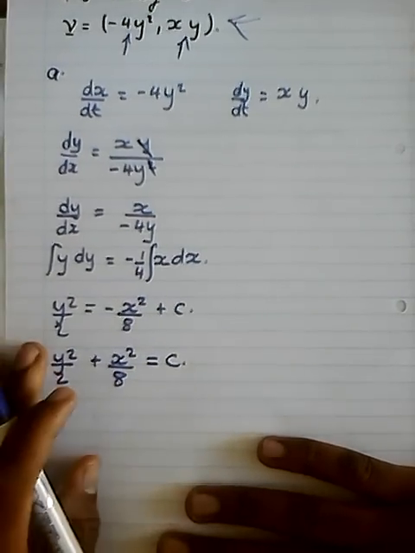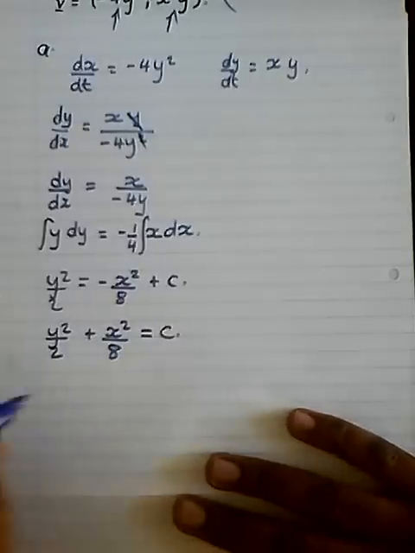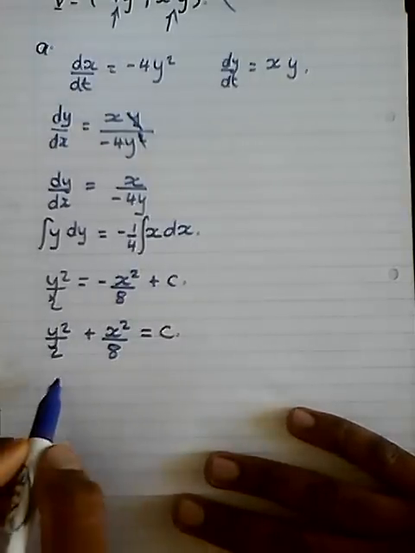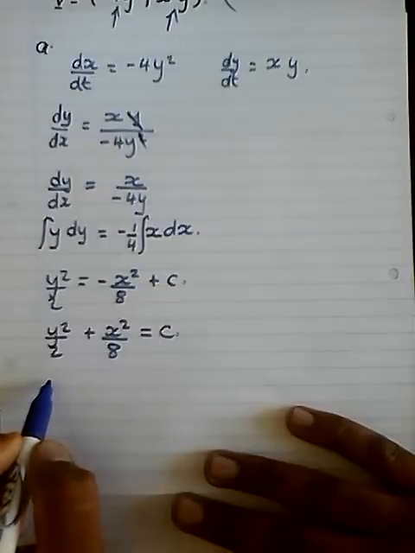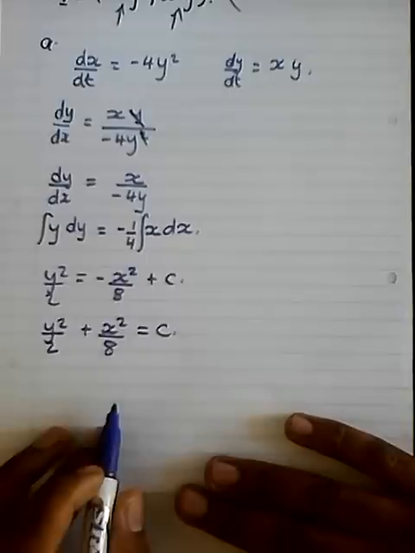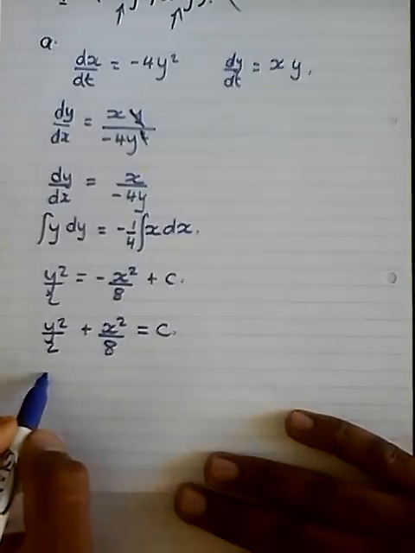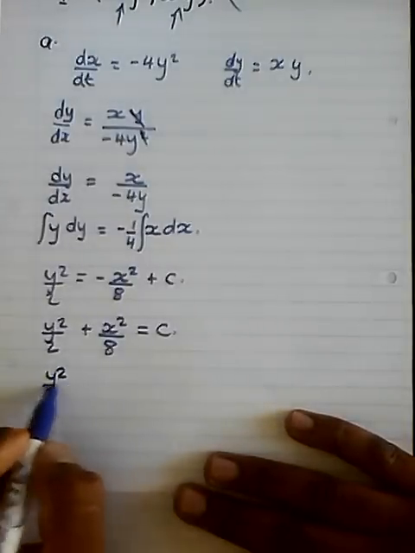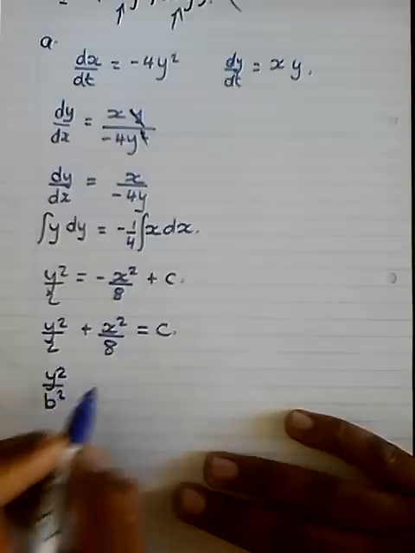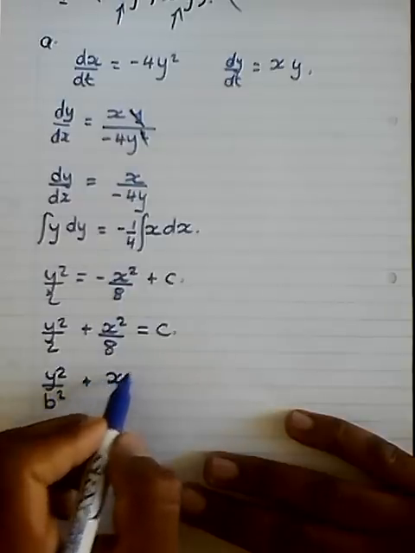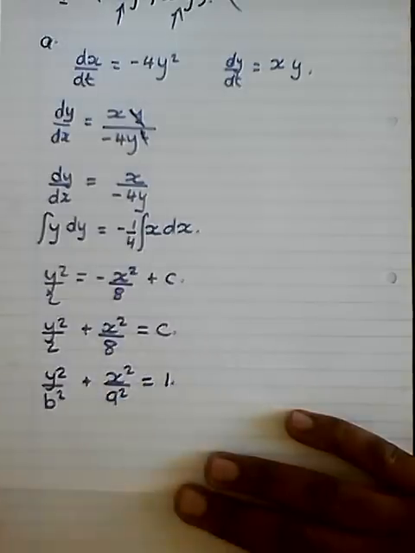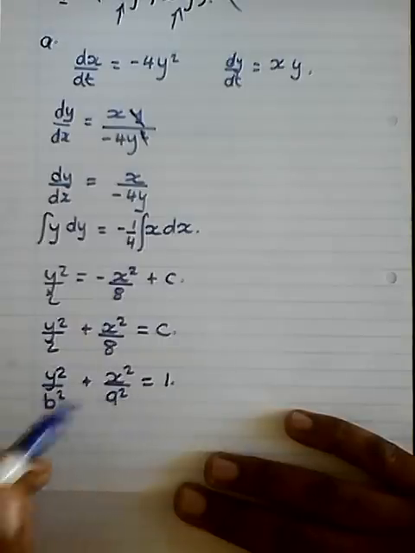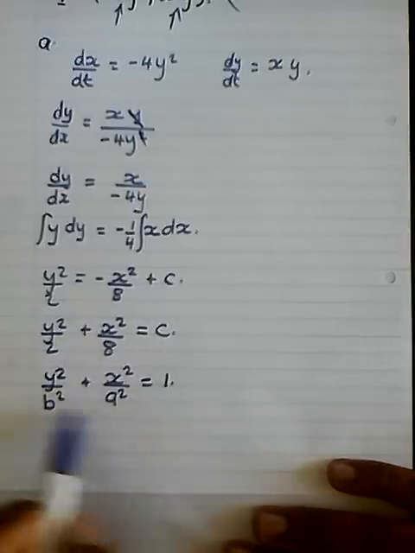This thing here looks familiar. Remember that last year from chapter 10, we had y squared over b squared plus x squared over a squared is equal to 1. This is an equation of an ellipse.